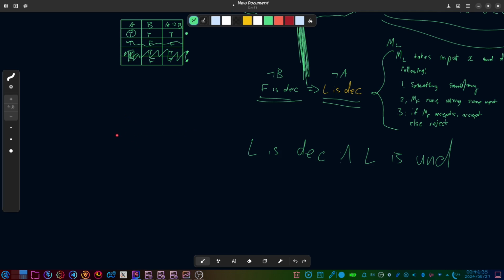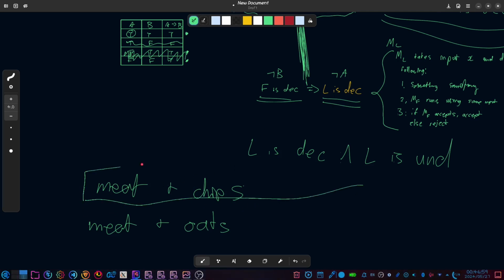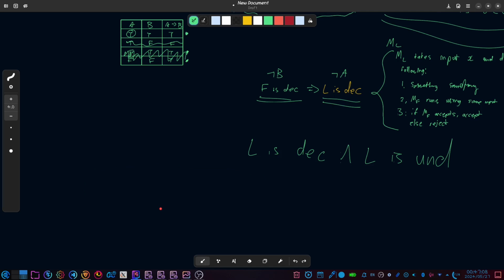Contraposition is like having your meat with chips on the side, and contradiction is like having jungle oats on the side. It's both carbs, right? You're eating meat with carbs either way. But I personally like this experience more. Some people might like the other, and that's their prerogative, I guess.